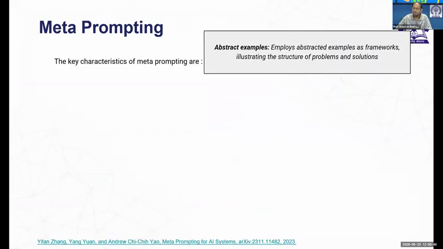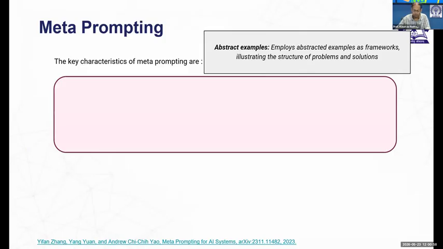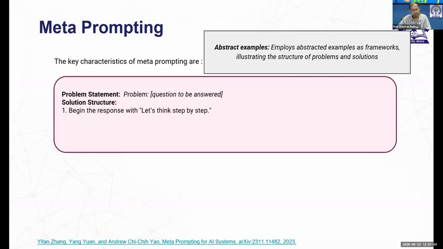Now the next concept that comes is meta prompting. The key characteristics of meta prompting are that it employs abstract examples as frameworks illustrating the structure of the problems and the solutions. So how does this look? What is the problem statement? It is the user query that the user wants to know. Solution structure: you are telling it to begin the response with "Let's think step by step."